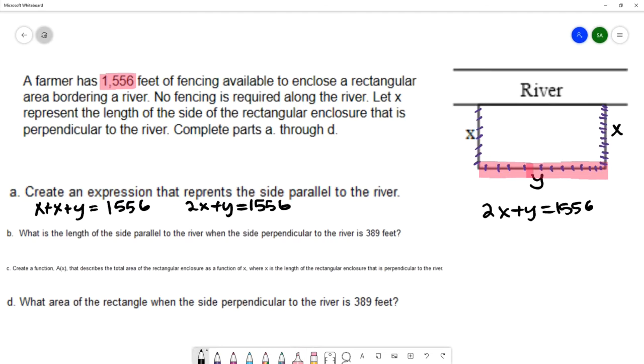So I'm going to solve for that by subtracting 2x. That would give y equals 1,556 minus 2x. So that is the expression that we're going to use for this side. 1,556 minus 2x. So that's our answer to part A.